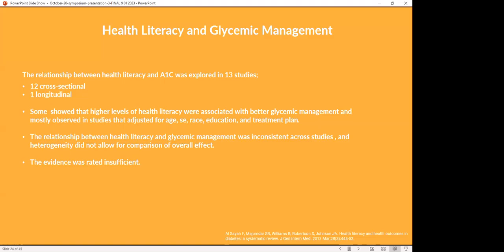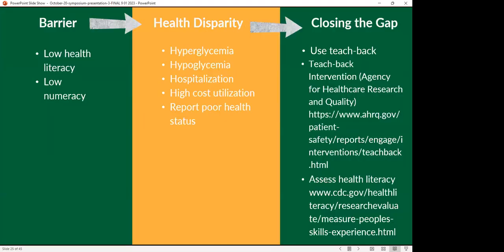But when the studies are not comparing the same thing, definitely I can also see where the data will be insufficient as well. So low health literacy and low numeracy may result in hyperglycemia, hypoglycemia, hospitalization, sometimes high cost utilization, and report of poor health status.